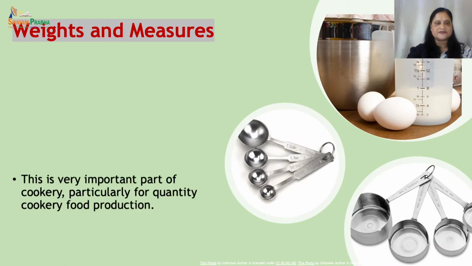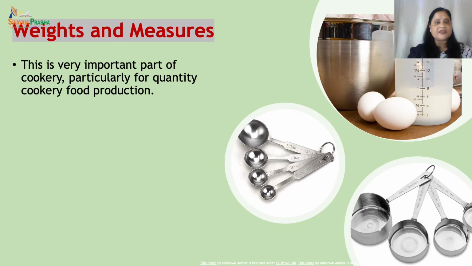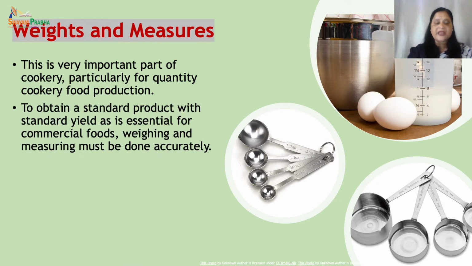Weights and measures. This is a very important part of cookery, particularly for quantity cookery, food production. To obtain a standard product, with a standard yield, as is essential for commercial foods, weighing and measuring must be done accurately.